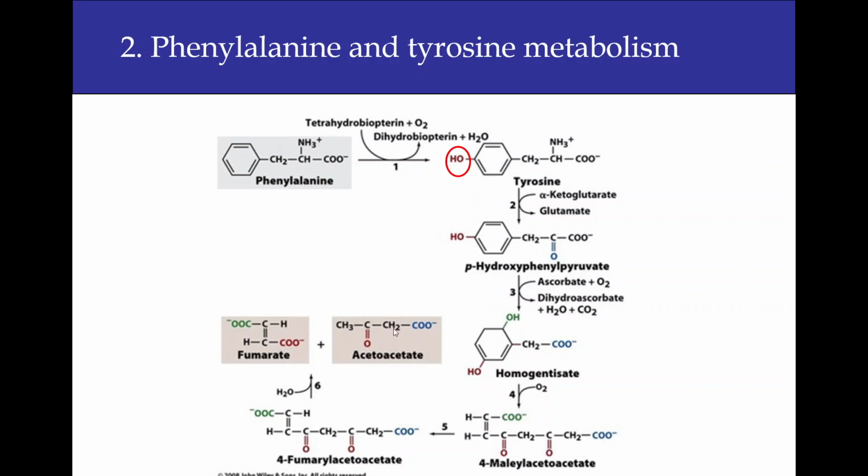That's why tyrosine is classified as both glucogenic and ketogenic. So phenylalanine and tyrosine share one metabolic pathway, and we'll see the disease later on, the deficiency of phenylalanine hydroxylase, and also a disease of accumulation of homogentisate, and both are types of inborn errors of amino acid metabolism.